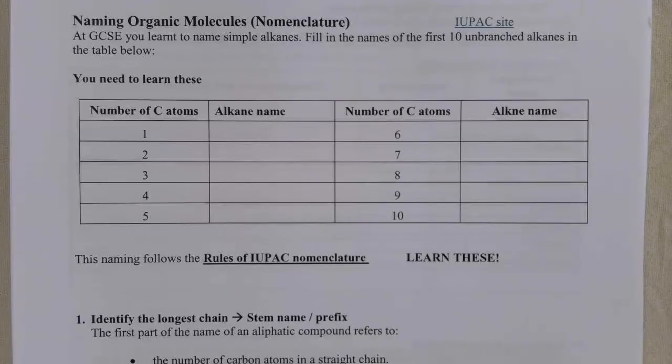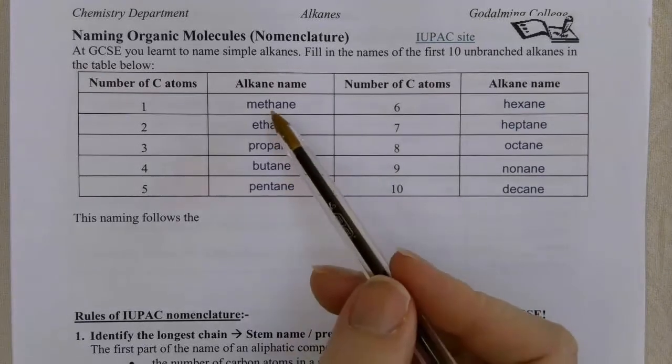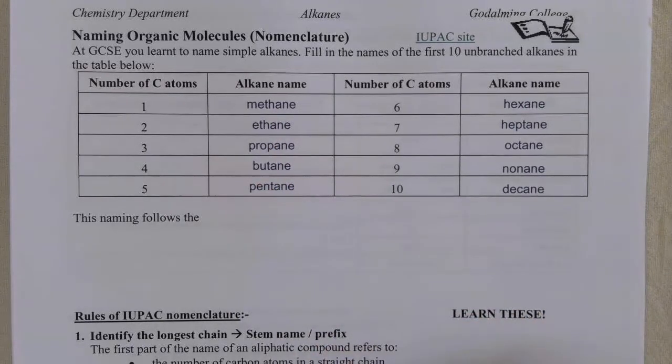So at GCSE you probably learnt the names of the simple alkanes. So pause the video at this point and see how many you can remember up to carbon 10. So hopefully most of these should be familiar to you. But you will need to understand that these names can be broken down, if you like, into two parts.